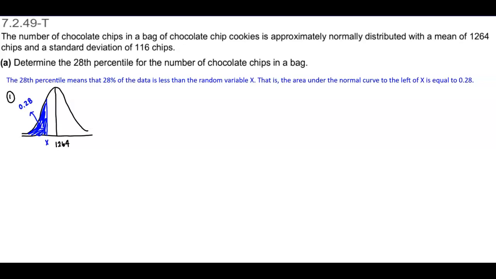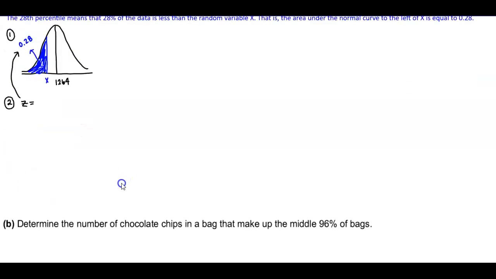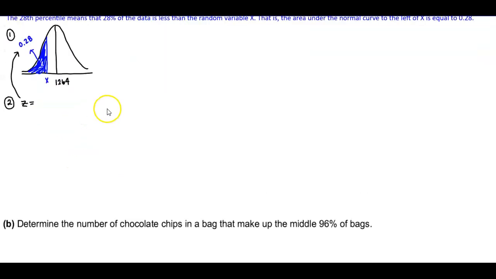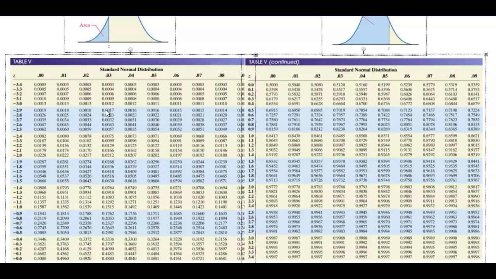So now let's go ahead and use the table in finding the z-score. We need to find the z-score. So what is the z-score when the area is 0.28? Let's go find the area of 28%, which is 0.28, down here.